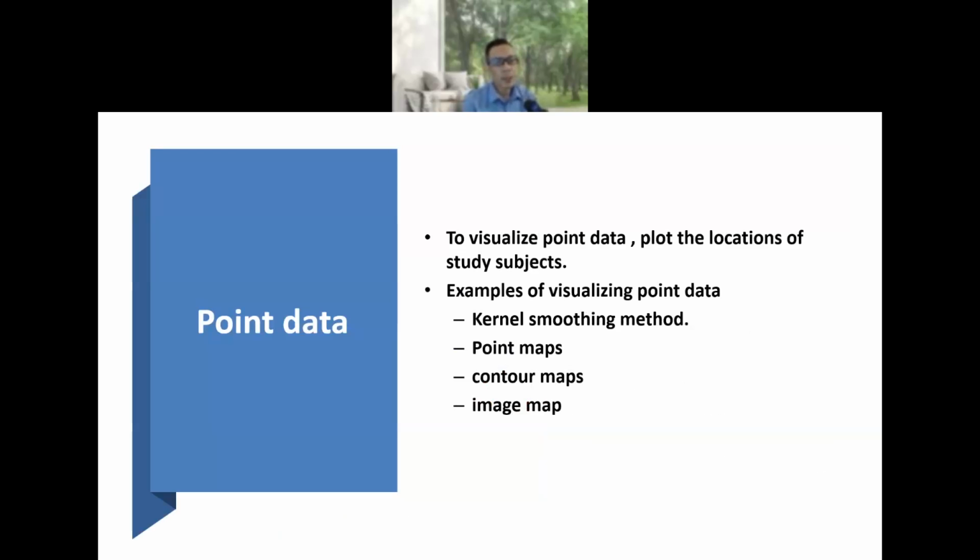Right. When you want to analyze data, you can analyze point data. So, for example, if you have point data, dot, dot, dot, dot, okay?